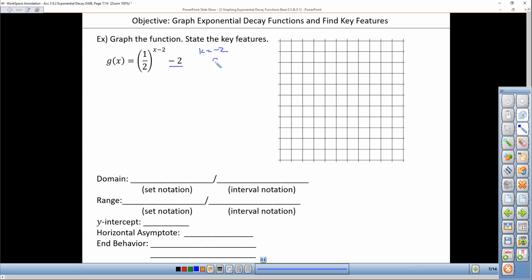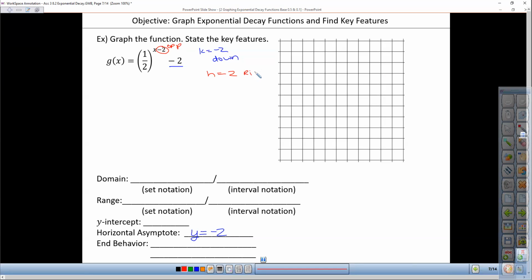And that means that we also move down. Remember, that also gives us the number for our horizontal asymptote, which would start with y equals. So we have y equals -2 for that horizontal asymptote. The opposite of this -2 would be our h. So our h is +2, which means we have a translation to the right as well.